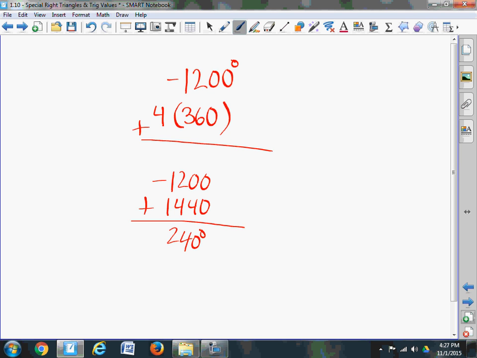All right, so how would I find the sine of negative 1200? Well, I'd first have to know that 240 degrees is the angle that is coterminal, meaning it shares the same end side, with negative 1200 degrees.